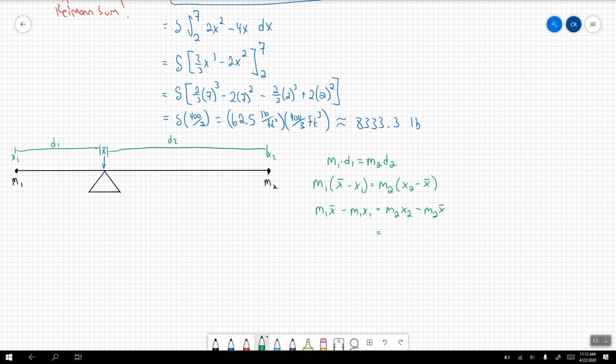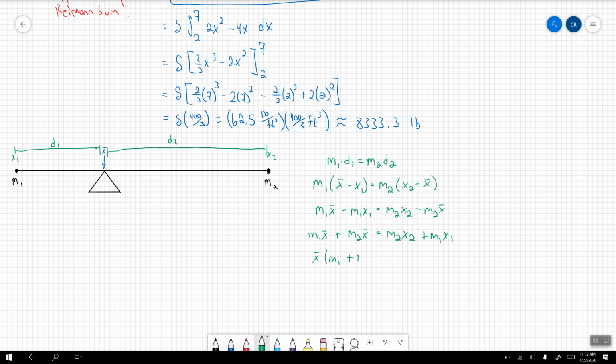I'm trying to solve for x bar, which means I need to get x bar by itself. So that's going to be m1 x bar. I'm going to add this over, plus m2 times x bar, is equal to m2 x2, and I'm going to bring this over, plus m1 x1. Nice. On the left-hand side, I'm going to factor out x bar.